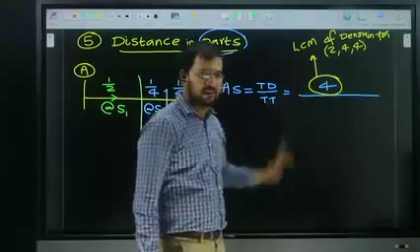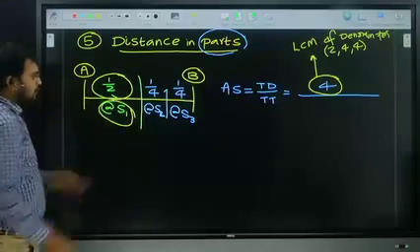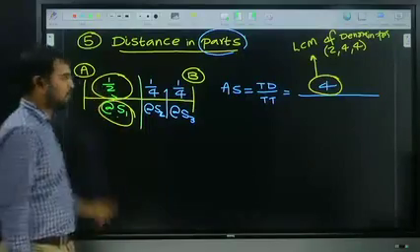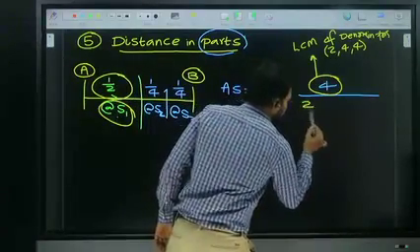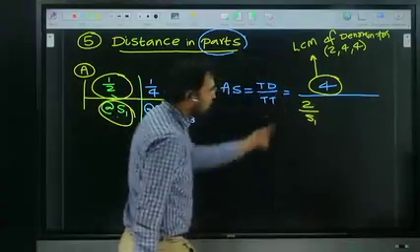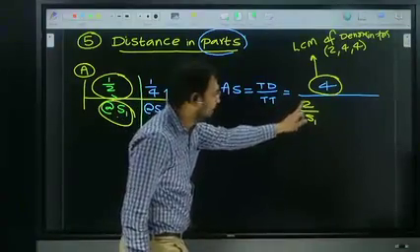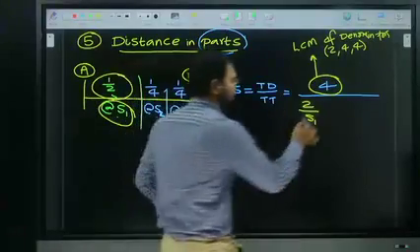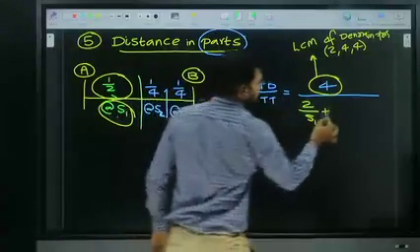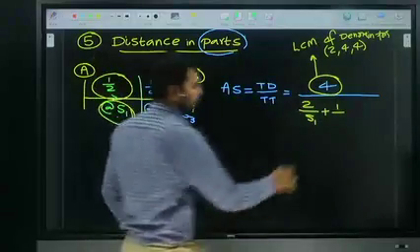Now I need to take time. I don't know the time, but I know the distance and the speed, and distance by speed is time. Total is 4 kilometers. Half of 4 kilometers is 2 kilometers. 2 by s1 is the time. Plus the second time: the distance is 1/4 of 4, which is 1, at the rate of s2, so 1 by s2.